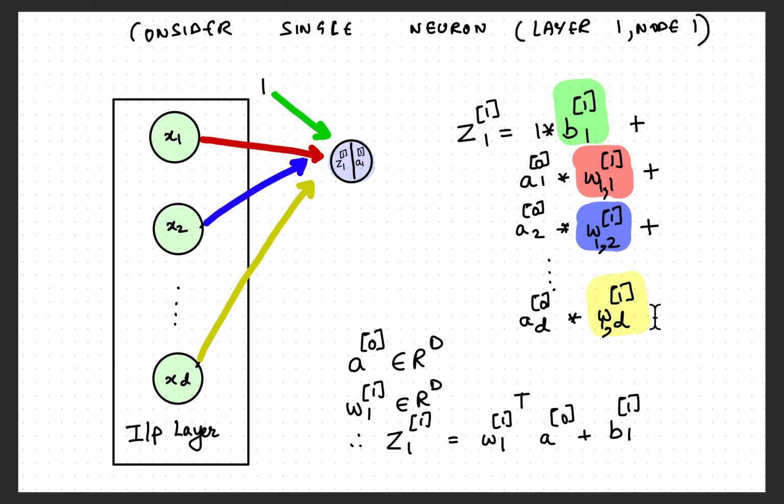Now let's introduce the convention back again. We said that we can write the input layer in form of the activation for the 0th layer. So we can write a square bracket 0. It's a d-dimensional vector.